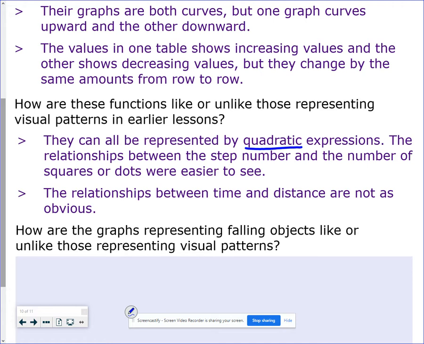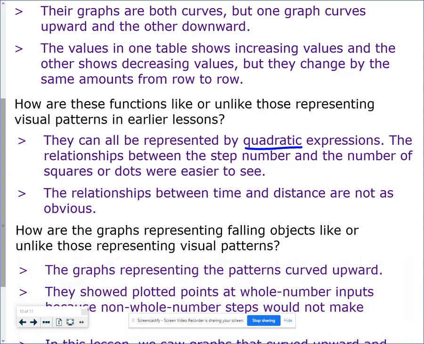So when we were looking at those dots, sometimes it's pretty easy to see those patterns. We were picking pretty nice, easy ones for you to see. With the falling or the distance that it's fallen or how close it is to the ground, maybe not as obvious. So we had to kind of help out with that 16t squared thing.